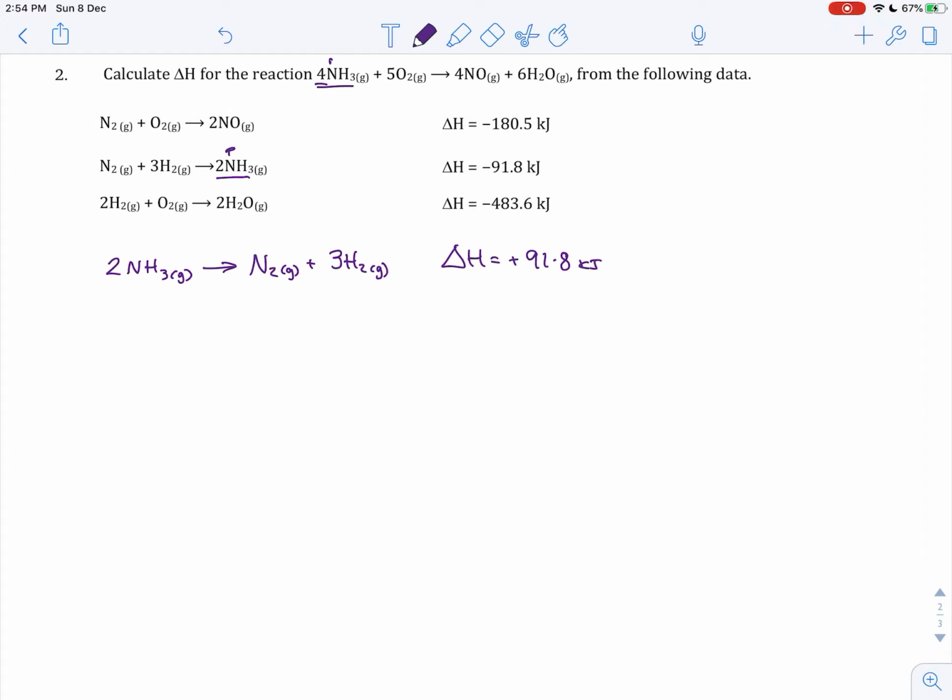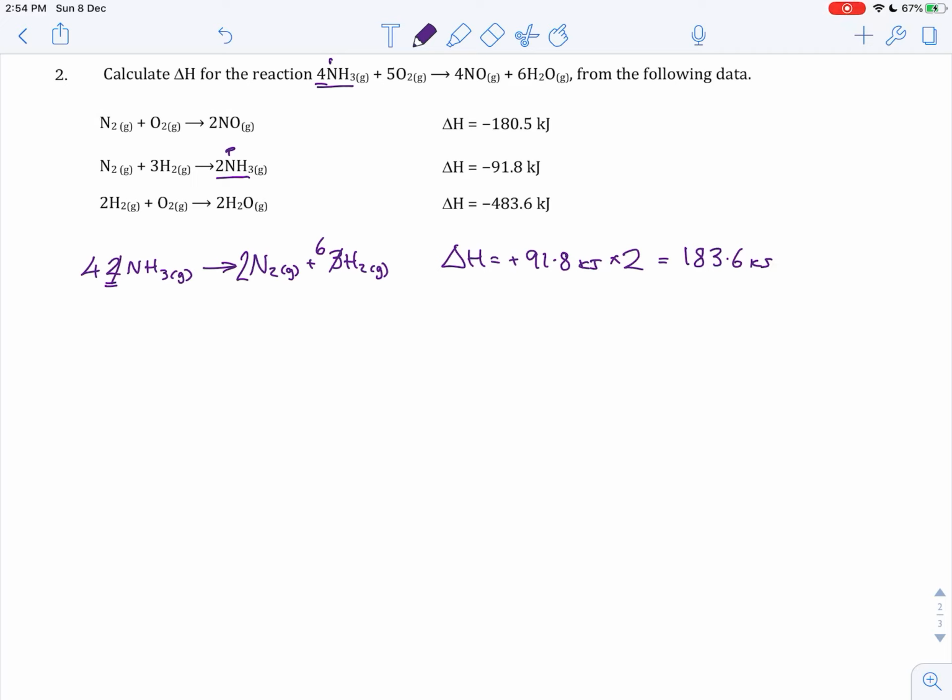It's still not quite right because we've got 4 of them here and we've only got 2 of them here. So what you're going to have to do is multiply the equation by 2. So when you multiply the equation by 2, you're going to end up with 183.6 kilojoules. And your 2 will become 4, 1 becomes 2, and 3 will become 6.